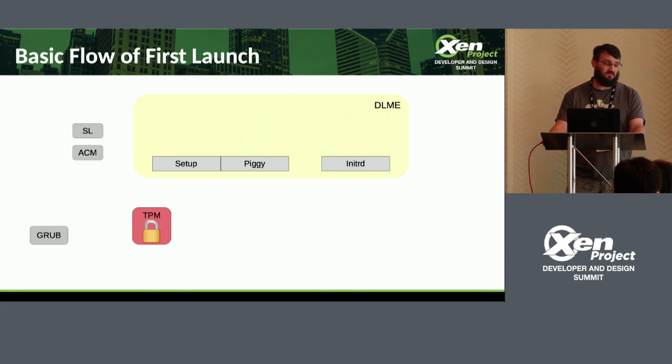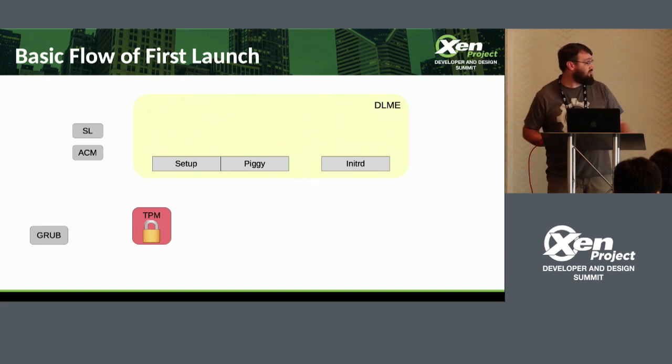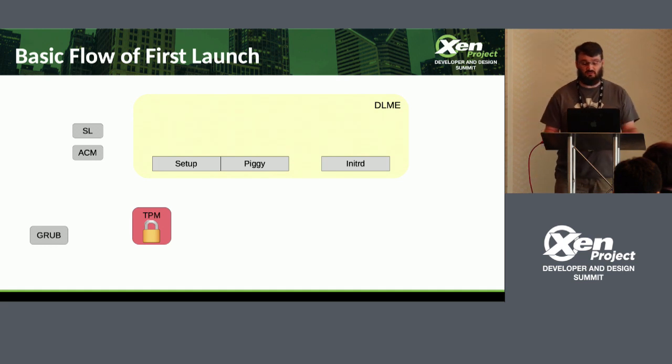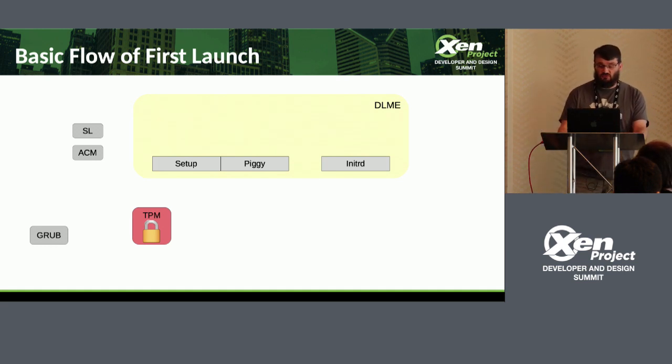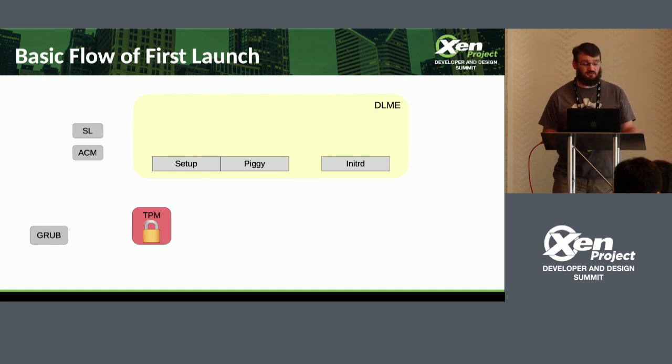In Intel, the ACM is residing inside of the cache as RAM, and the secure loader uses AMD DEV to protect it from any DMA access. So once these have been loaded, the ACM is a little more complicated. The SL we will be writing ourselves.